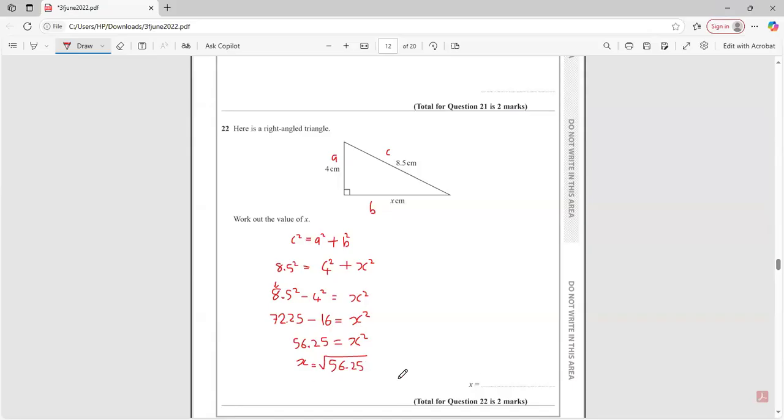What did you get? 7.5. 7.5, yes. I was able to guess it because of the 56, because 7 times 8 is 56. And we already have 25 there. So yeah, there you go. 7.5 is your answer, centimeters.